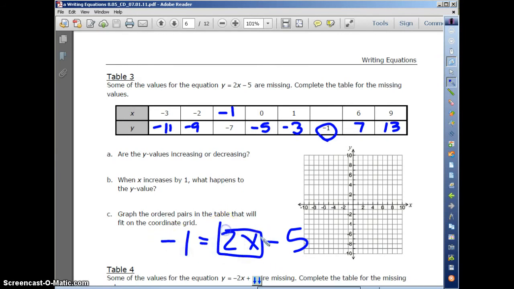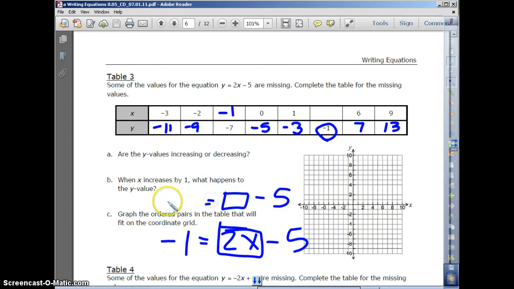What number minus 5 gives you negative 1? Yeah, that number's got to be 4, because 4 minus 5, if you add a line, change the sign, 4 plus negative 5 is your negative 1. So the number in the box is 4.